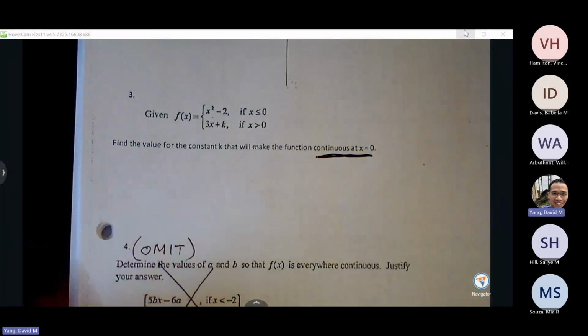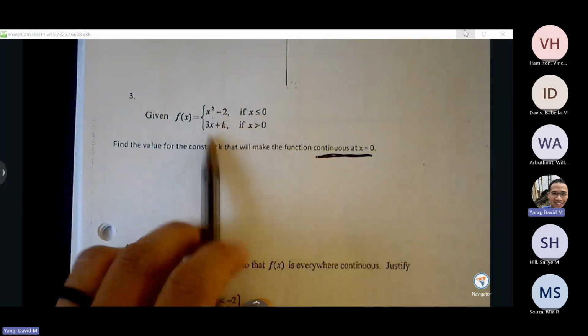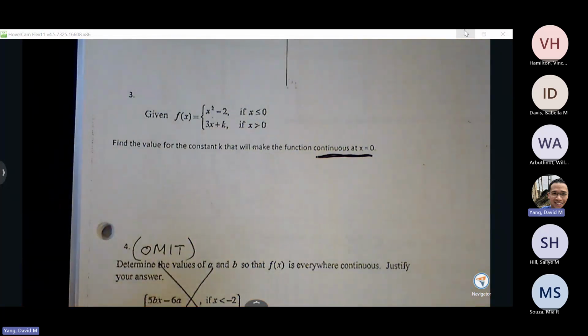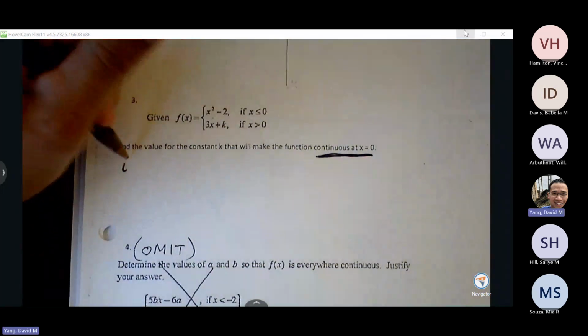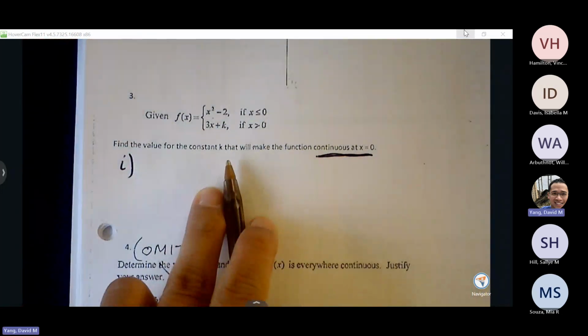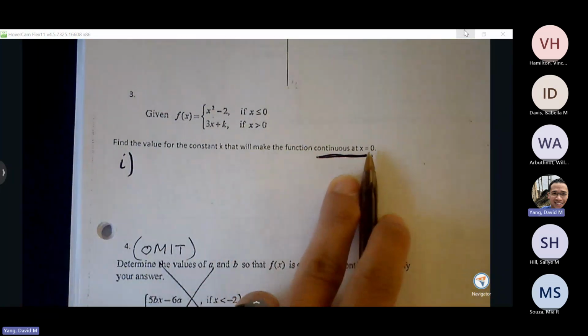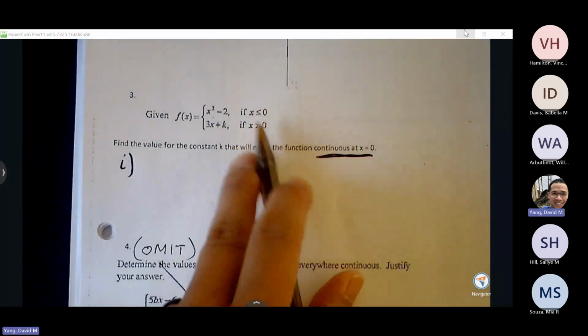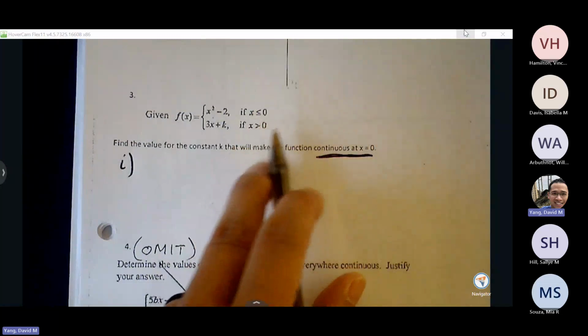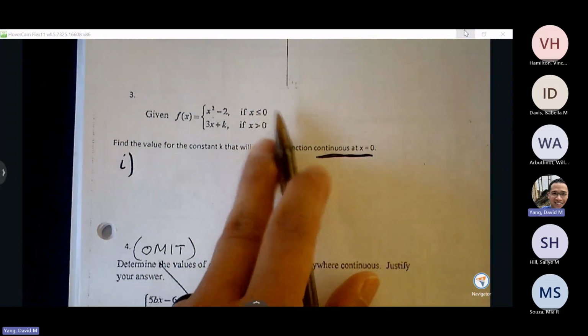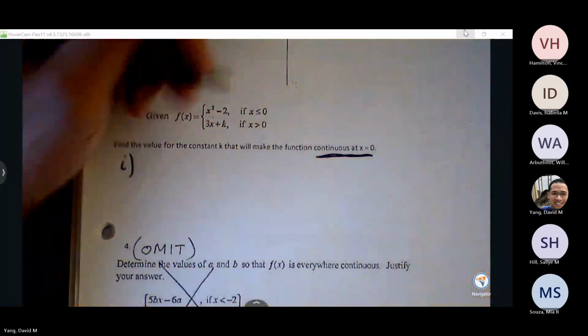So same thing, we just step through continuity conditions, and before you know it, we'll be able to solve for k just by virtue of our conditions. All right, so first condition, we want to find f of 0. We know that's the target x value. Also, even if it didn't tell you, you knew that 0 is going to be the place that we're going to be focusing our attention on.